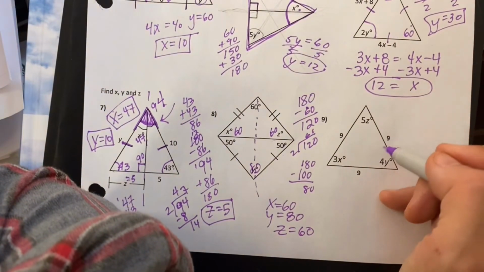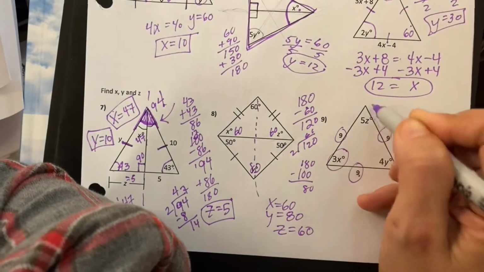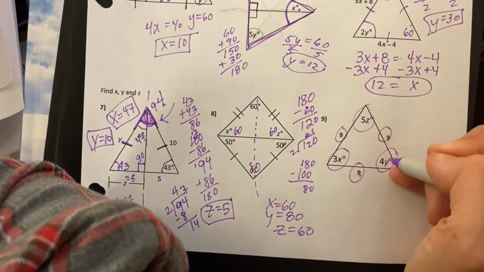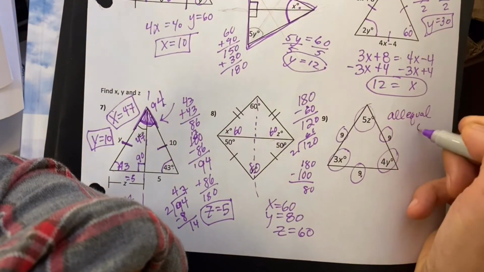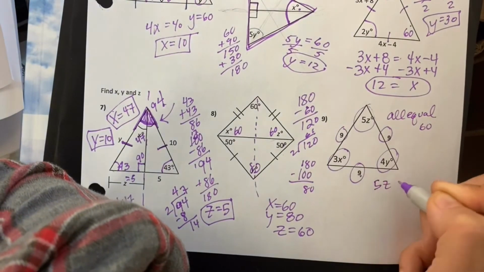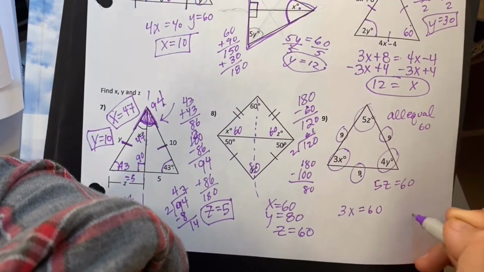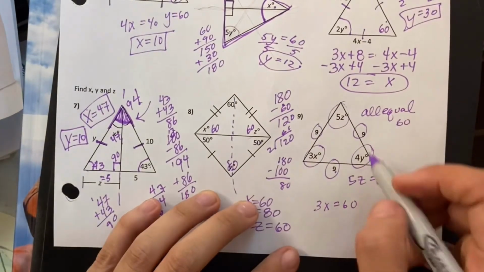Okay. 9, 9, and 9. All the sides are equal, so all these angles have to be equal too. And not equal to any old number, they have to all equal 60. So 5Z has to equal 60, 3X has to equal 60, 4Y has to equal 60, everybody has to equal 60.